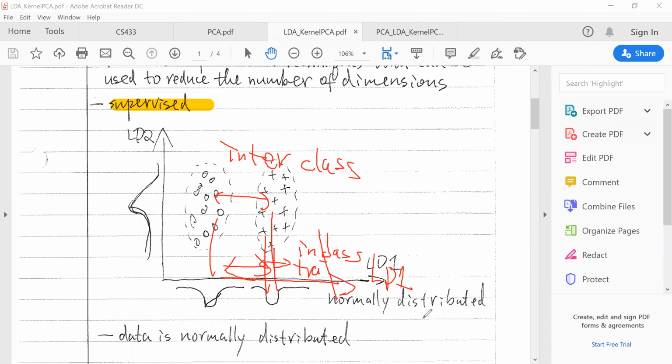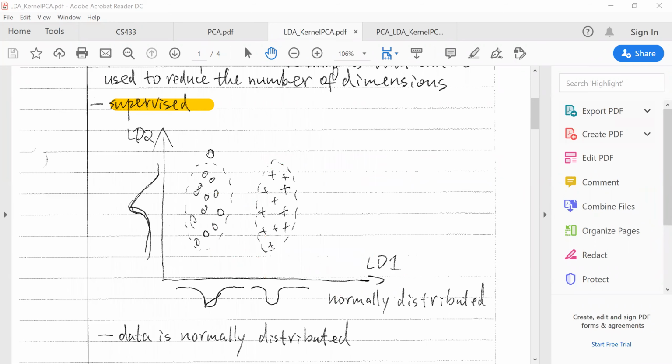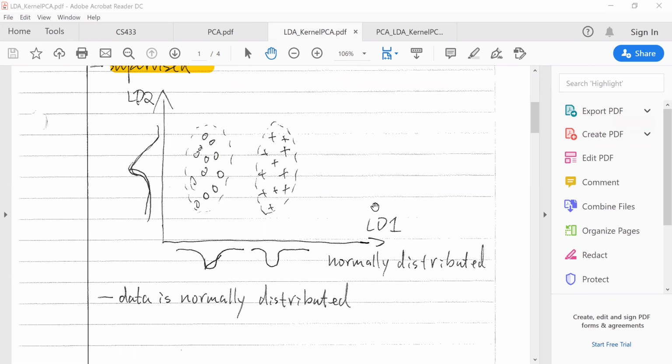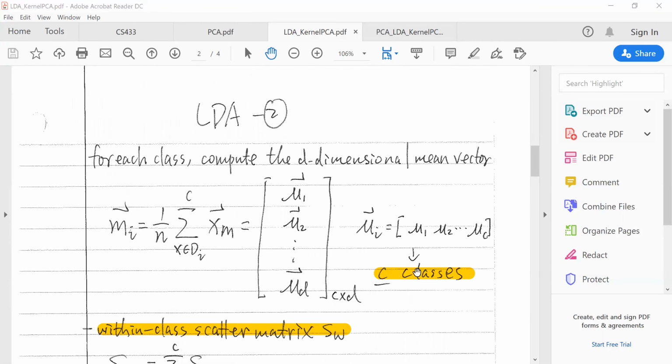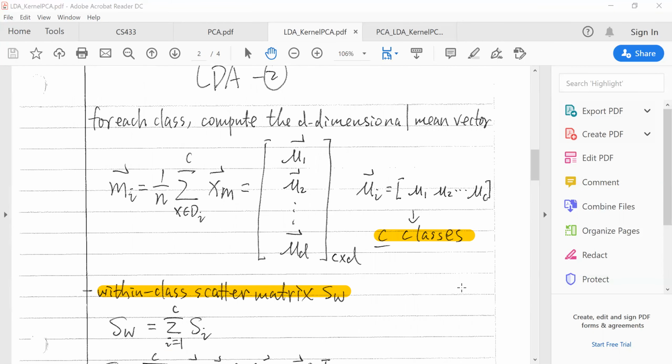That's your overall goal, to find the component you want to project onto. So how do we find those components, so that when you do the projection, you achieve the goal?